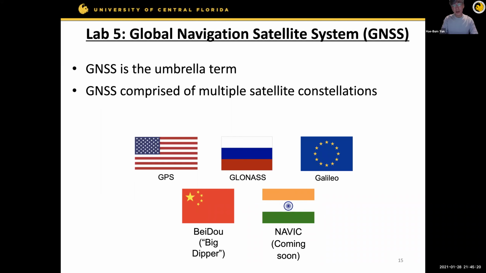GNSS is actually the bigger term than GPS. Different countries have different systems. This is some of the systems shown.